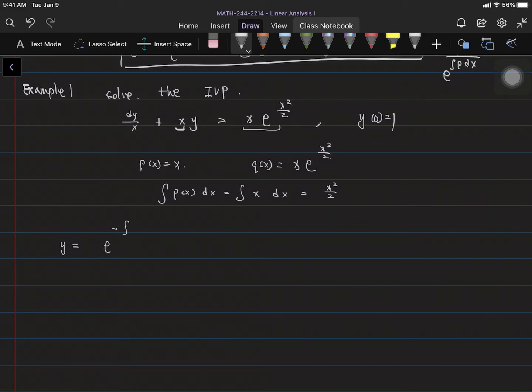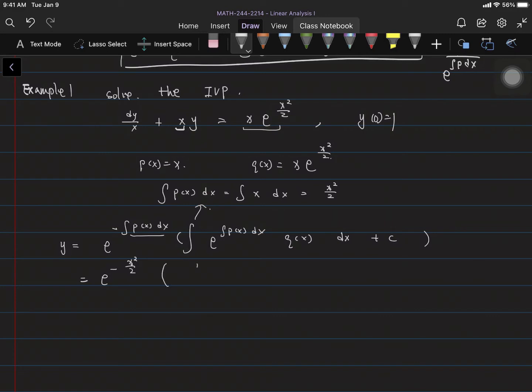So I can write down the formula again. e to the negative integral P dx, and integral e to the positive integral P, and the Q(x) and the dx plus c. Okay. So plug in negative x squared over 2. We already got this term from the last step, right? x squared over 2.